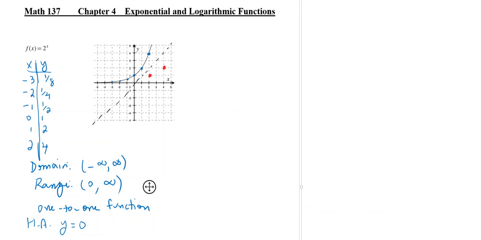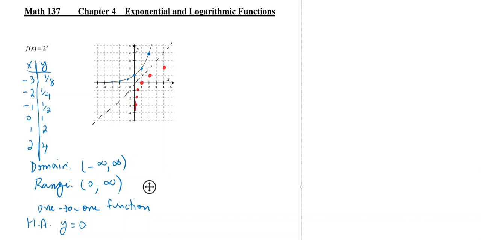The y-intercept 0, 1 will become the x-intercept 1, 0 on the new graph. The point negative 1, 1/2 will become the point 1/2, negative 1. Negative 2, 1/4 will become 1/4, negative 2, and then 1/8, negative 3.